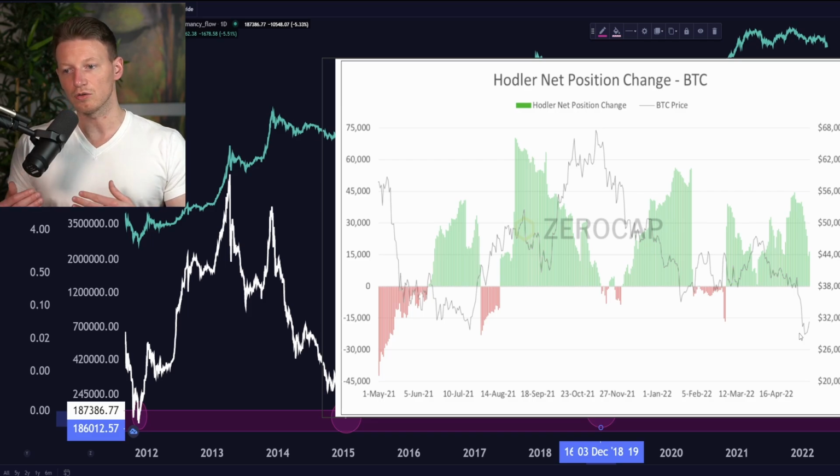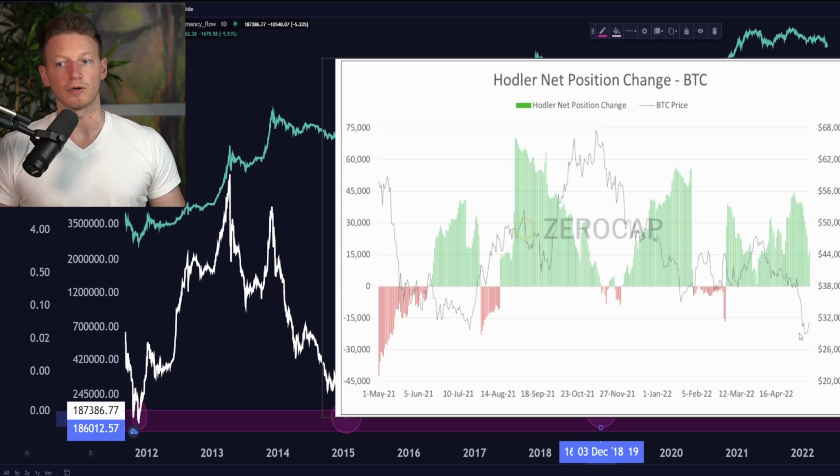So we could still go lower in price, and we could go significantly lower. But things like this are positive to see, in that it indicates to us that they haven't lost conviction. Long-term holders, more savvy investors, haven't lost conviction in the asset. Things like this don't tend to be very indicative of what's going to happen in the short term.